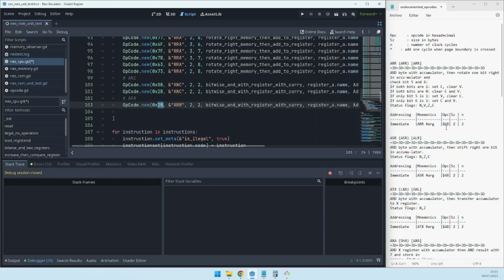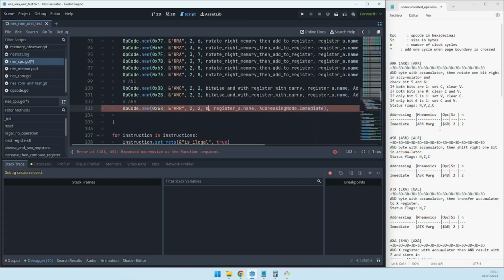It is the 6B. Bitwise AND register. Sorry.